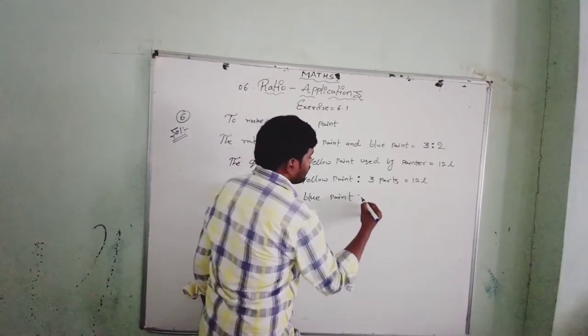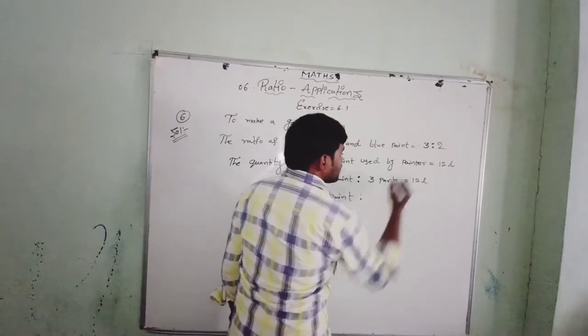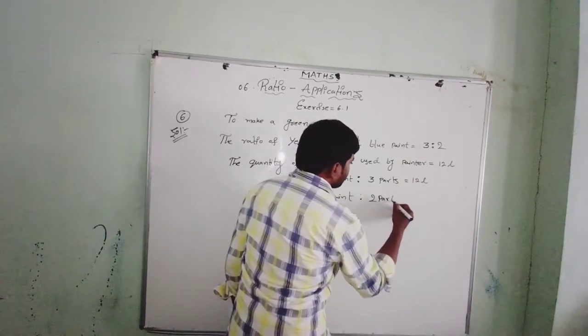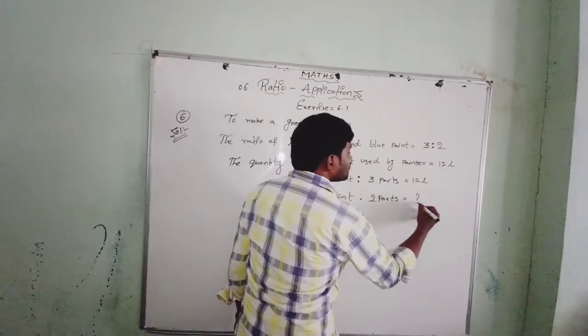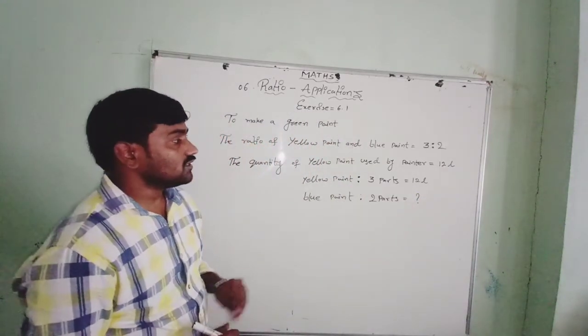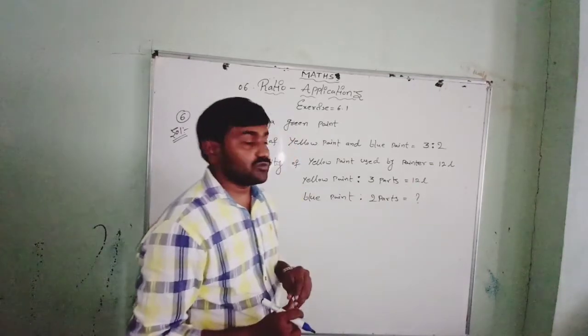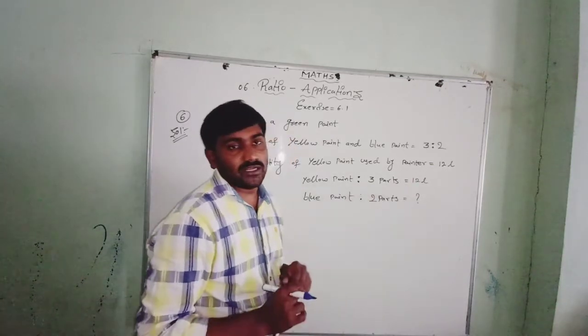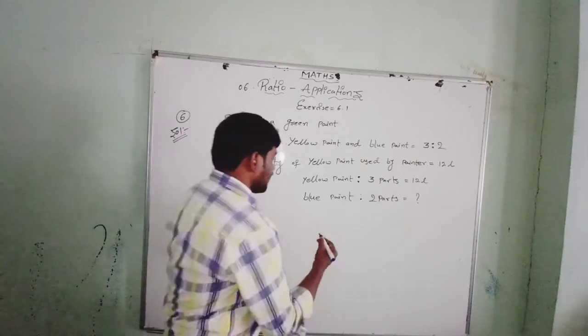Blue paint, how many parts are there? 2 parts. Then how many liters we have to use? If 3 parts equal to 12 liters we used, then 2 parts equal to how many liters we have to use? Therefore, we can write in this way.